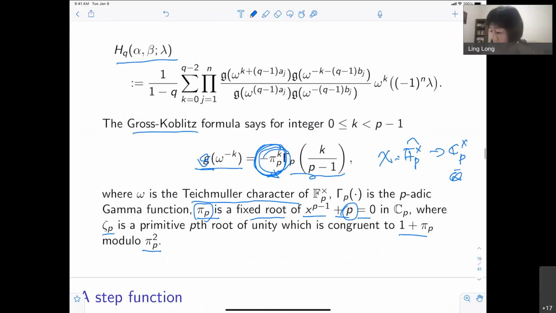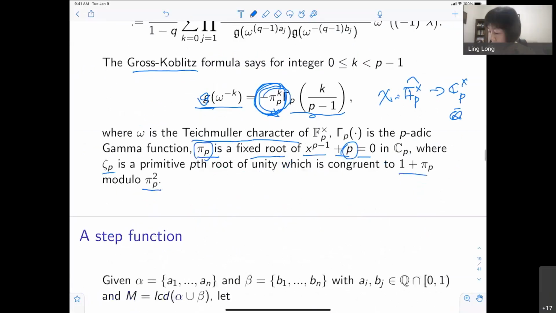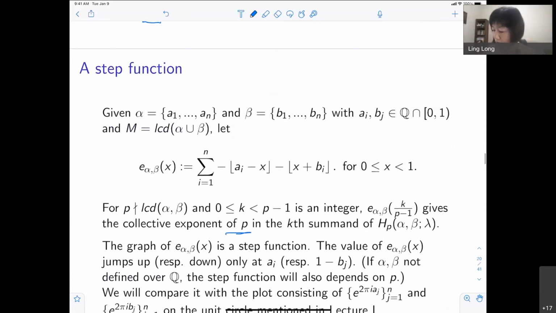It is going to be graded by the hypergeometric character raised to 0, 1, all the way to q. Here I'm looking at k from 0 to p minus 2. Using this formula, there are contributions from here, here, and here, and here, so we come up with a collective power.